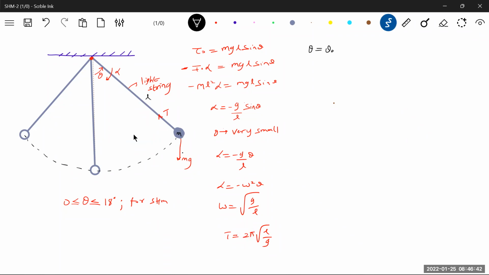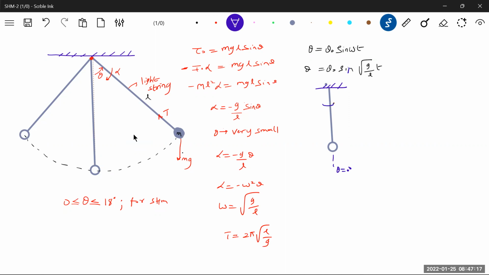Theta equals theta naught sine omega t, where omega is given by this expression. What is theta naught? The angular displacement given to the system. Theta equal to 0 degrees we define as this line. Theta naught is the maximum angular displacement, the angular amplitude.